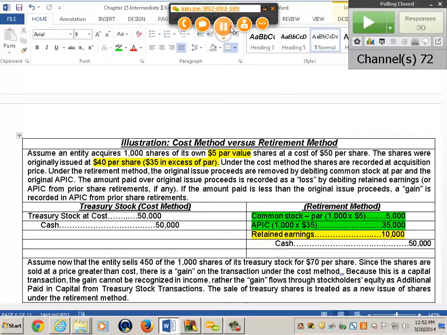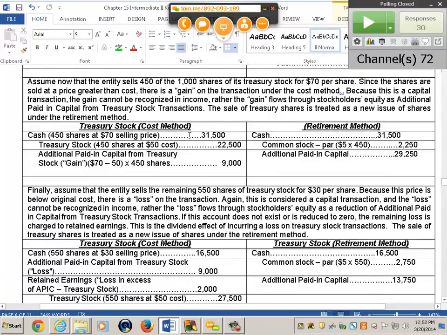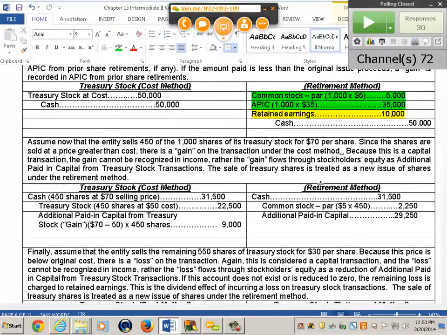Now, what makes this very straightforward is the following. When you issue stock that has been retired, when you reissue it, because remember, it's no longer issued, it's a regular sale of stock. So if I sell the common stock at $70 per share, let's go up to the first retirement method entry to reissue.